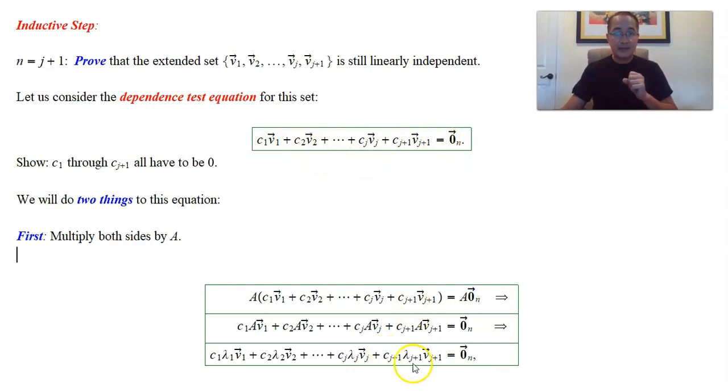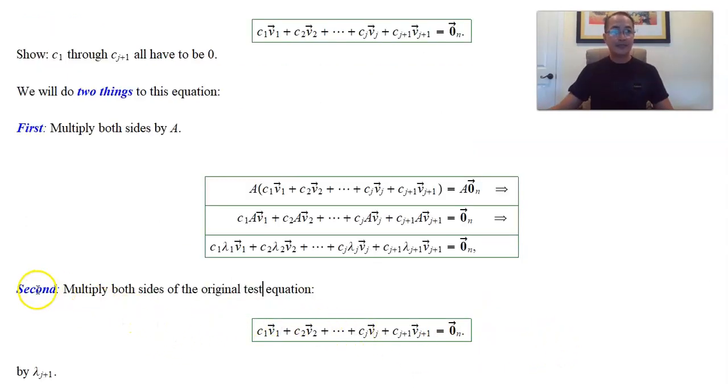We want to get rid of the last term. If we multiply both sides of the test equation by what's missing, lambda j+1, then we can subtract those two equations, and maybe something nice will happen. So that's the second thing: multiply both sides of this test equation by lambda j+1.